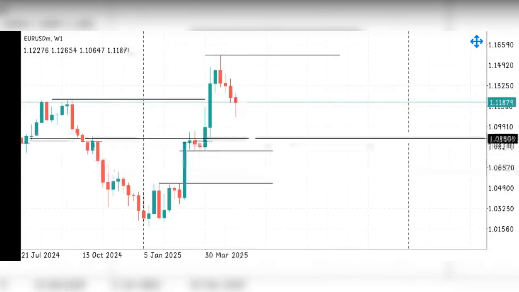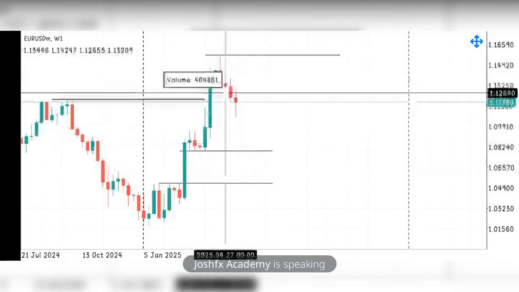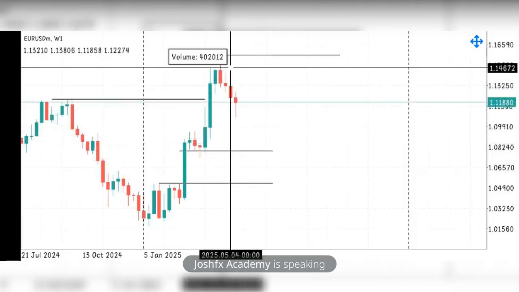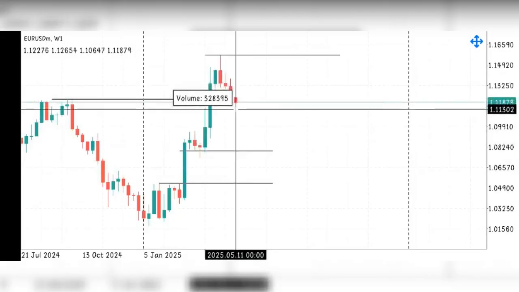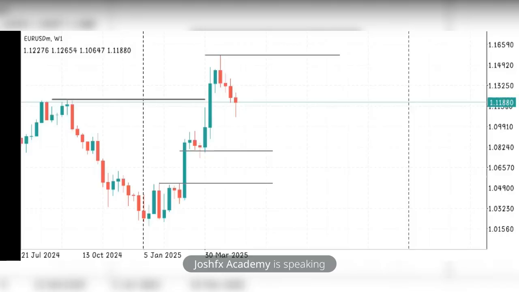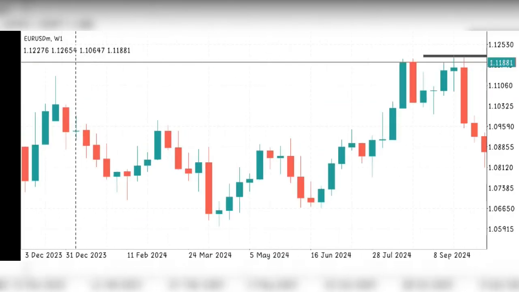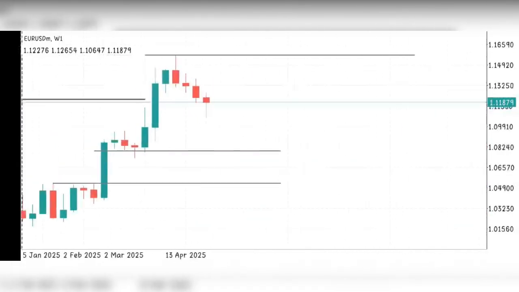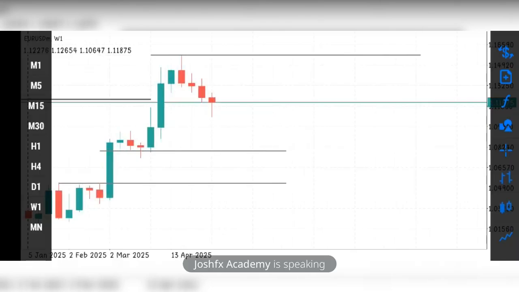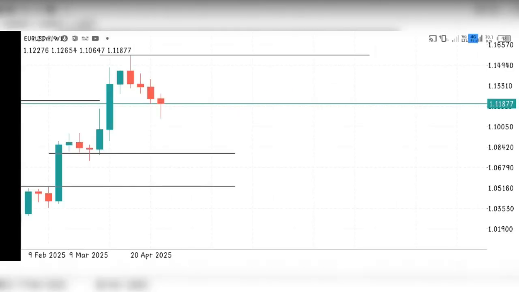Now, this is our weekly, so we want to pay attention to the weekly high and the weekly low. So let's mark it. We have this weekly high and we have this weekly low.